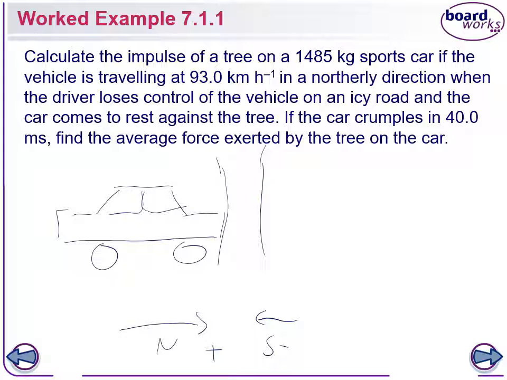So our momentum is equal to mv, which is equal to 1,485 multiplied by, now for velocity, obviously we can't use kilometers per hour. So we divide by 3.6. Equal to about 25.83 meters per second.